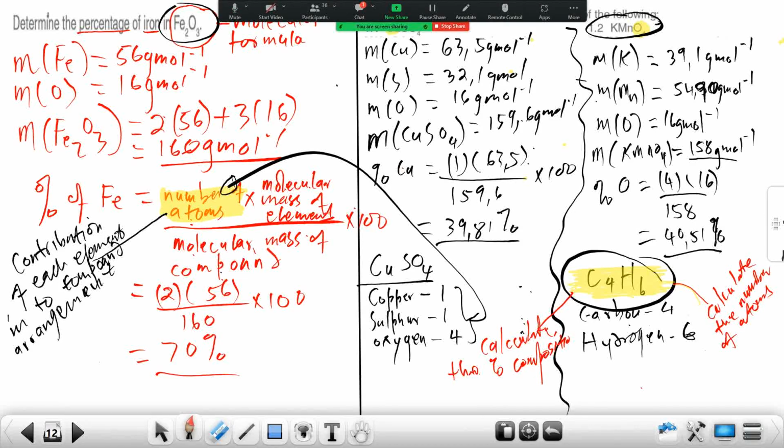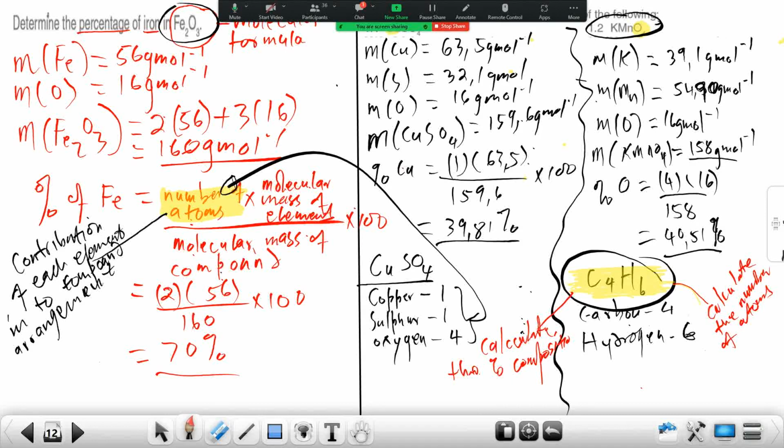You see, for us to calculate the number of atoms, what does it mean? It means I must go back and use the Avogadro number, because the Avogadro number gives me exactly the total number of atoms in C4H6.